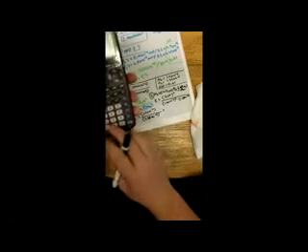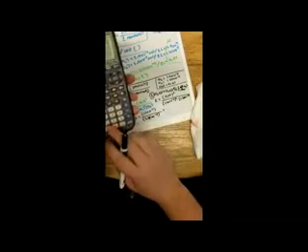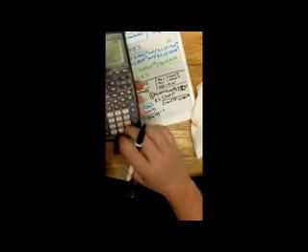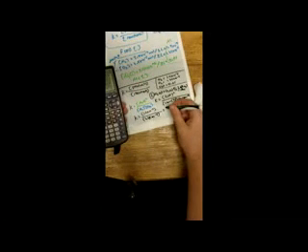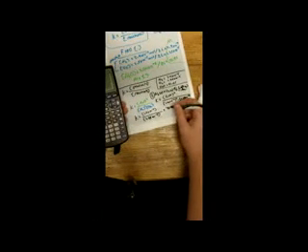Okay. From here, I will take 1.0 e to the negative 4 and divide that by 2.45 times 10 to the negative 13. And I get a large number, 408163265.3.